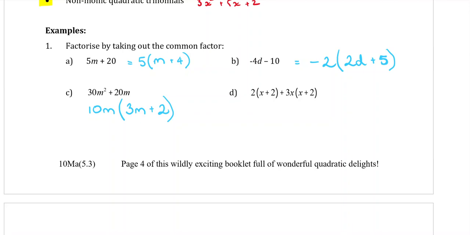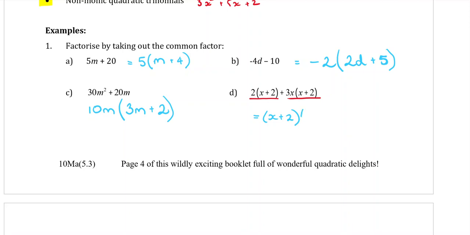Question D. You can see that there are brackets in this question already. We don't want to expand them. Remember, we're trying to factorise. So we have 2 terms here. This is the first term and this is the second term. Both of those terms have x plus 2 in brackets in the term. So that is my factor that is coming out the front.